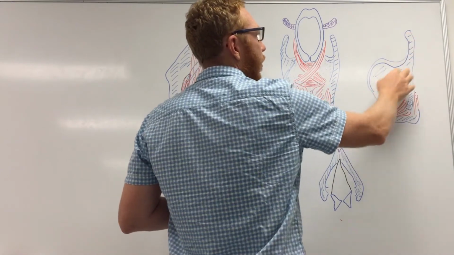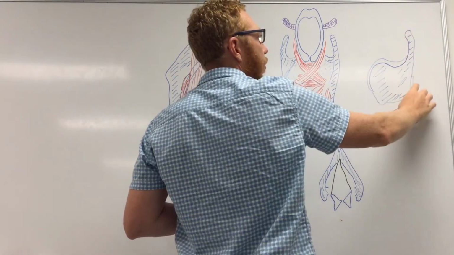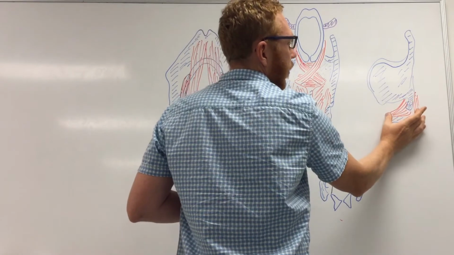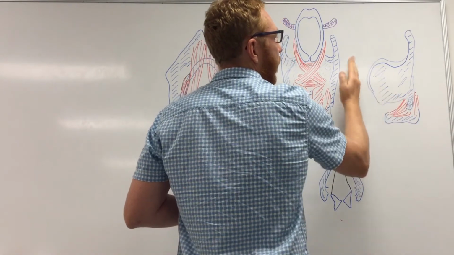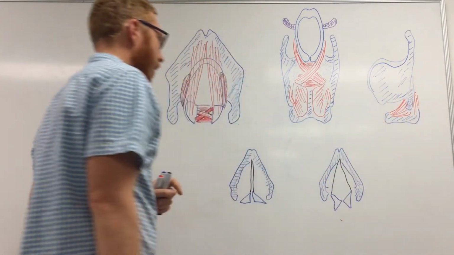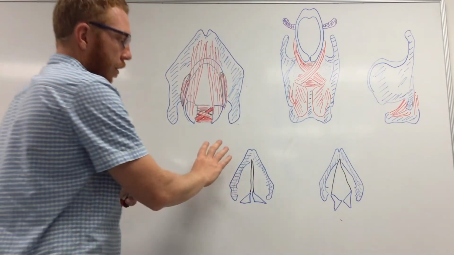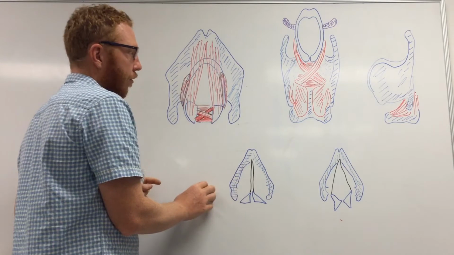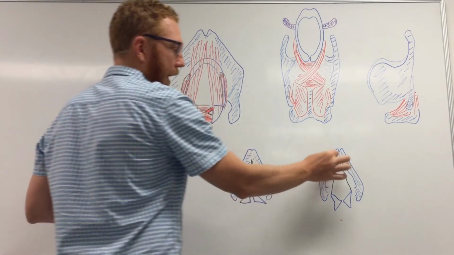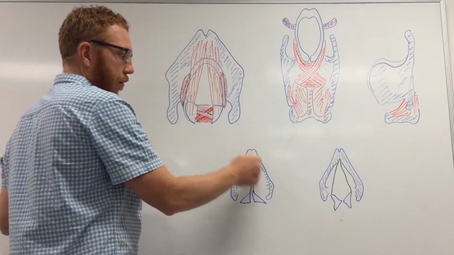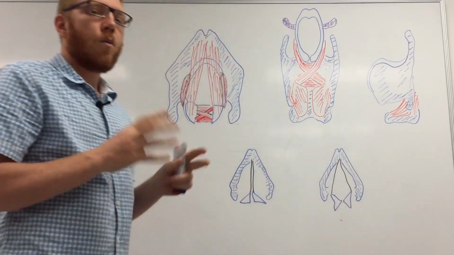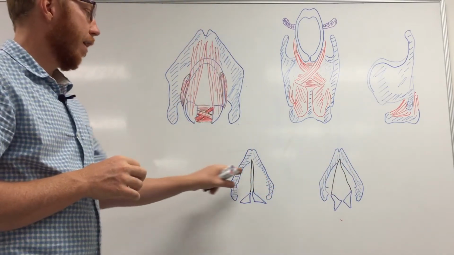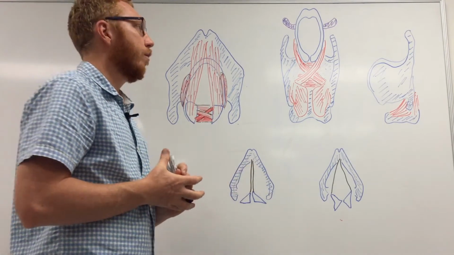Here are the posterior parts of the superior cornu and inferior cornu, which is articulating with the cricoid, and then the front. This is the anterior, this is the posterior. And then finally we've got just a simplified view of the vocal cord in black. Thyroid here, arytenoid at the back. This will let us look at how the muscles, when they are working, actually affect the vocal cord.